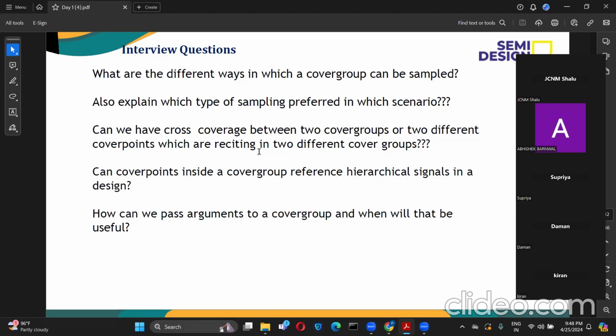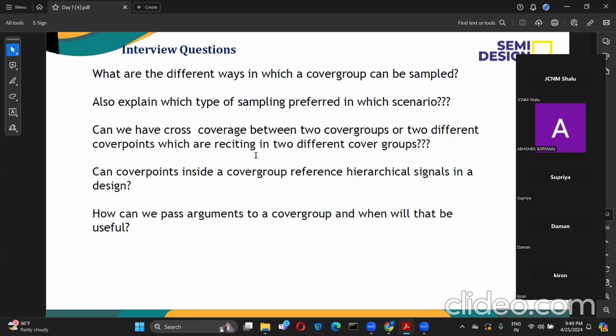That is why we don't have an option to do cross coverage between two different cover groups. Even two cover points in different cover groups is not possible, because the first cover point will sample at its own pace, and the other cover point in the other cover group will sample at its own pace. This synchronization will not be there. So both are not possible.